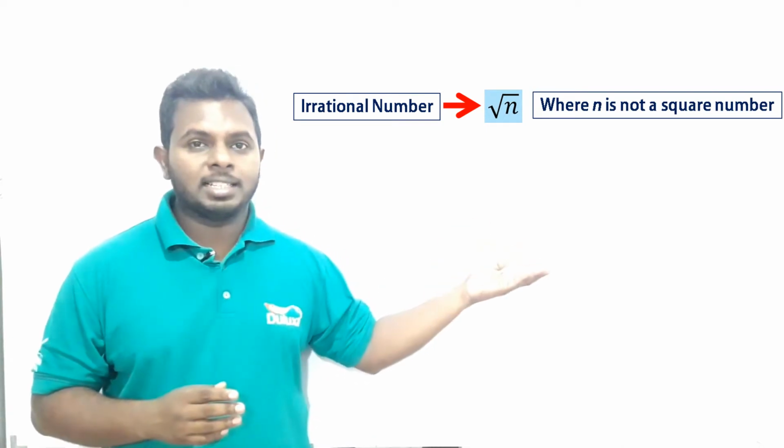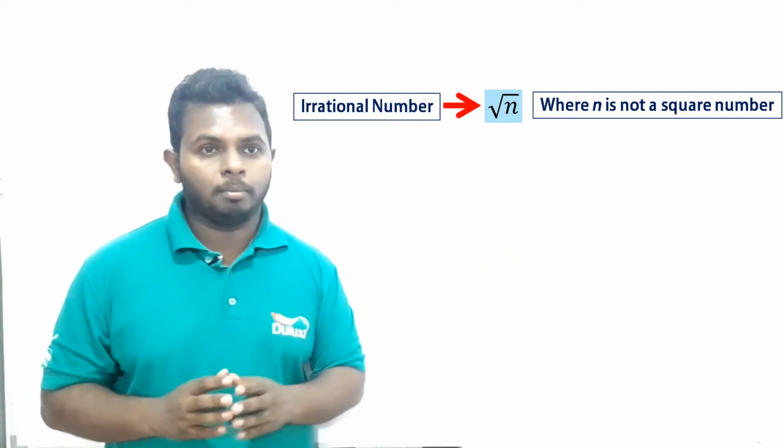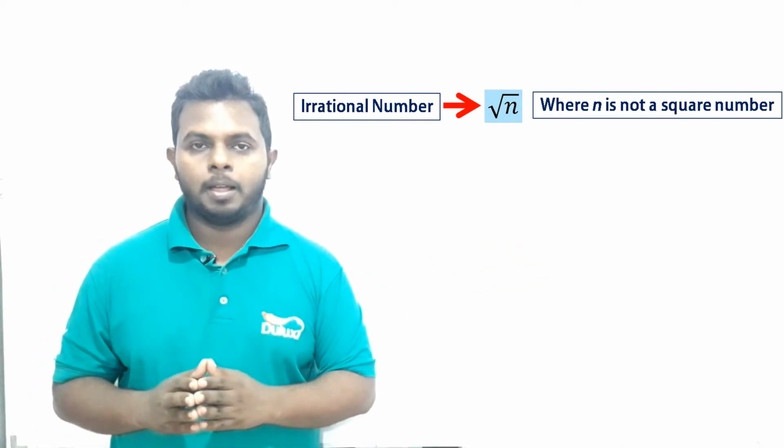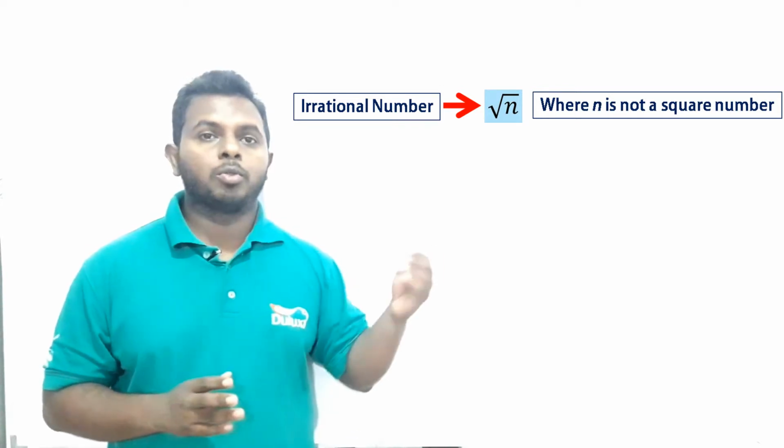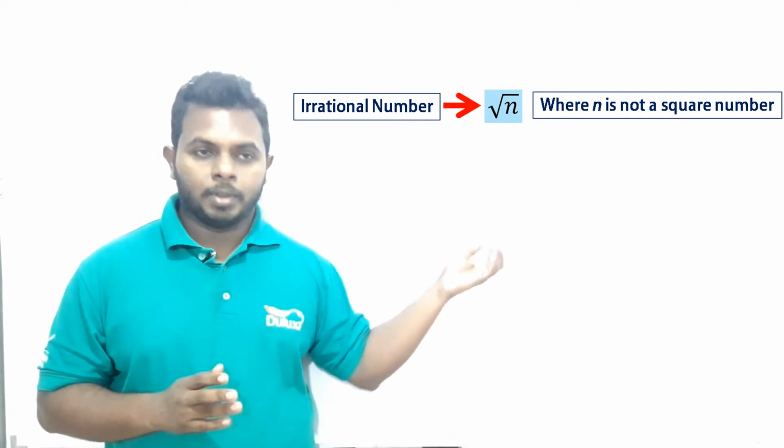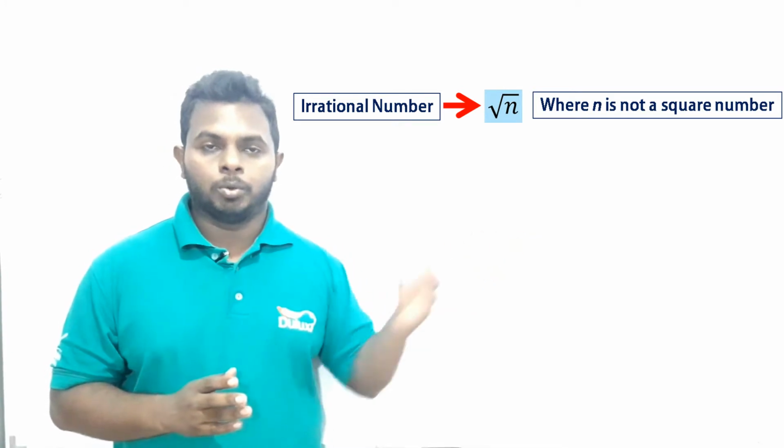Now let us study irrational numbers further. In general, any number with a square root is an irrational number if the number inside the square root is not a square number. For example, square root 4 simplifies to 2.